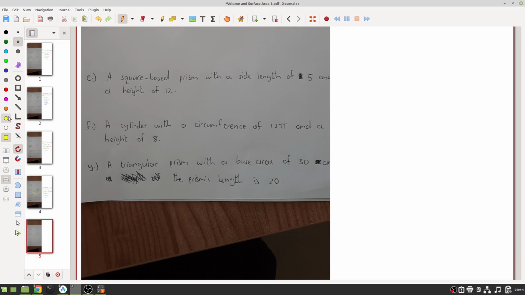So let me draw this first one. A square-based prism. Let me say that's our square-based prism. And let's draw another square that's similar. Wait, let me do this, I've got a plan. We can make shapes like this. Okay, so let's say that's a square.